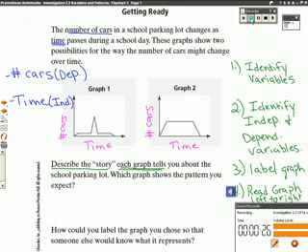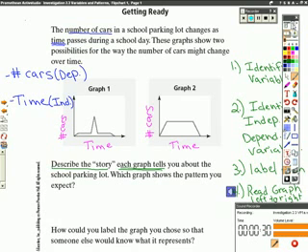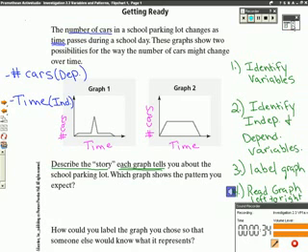So, for example, graph number 1. We're going to say, as time is increasing, the number of cars increases steadily.